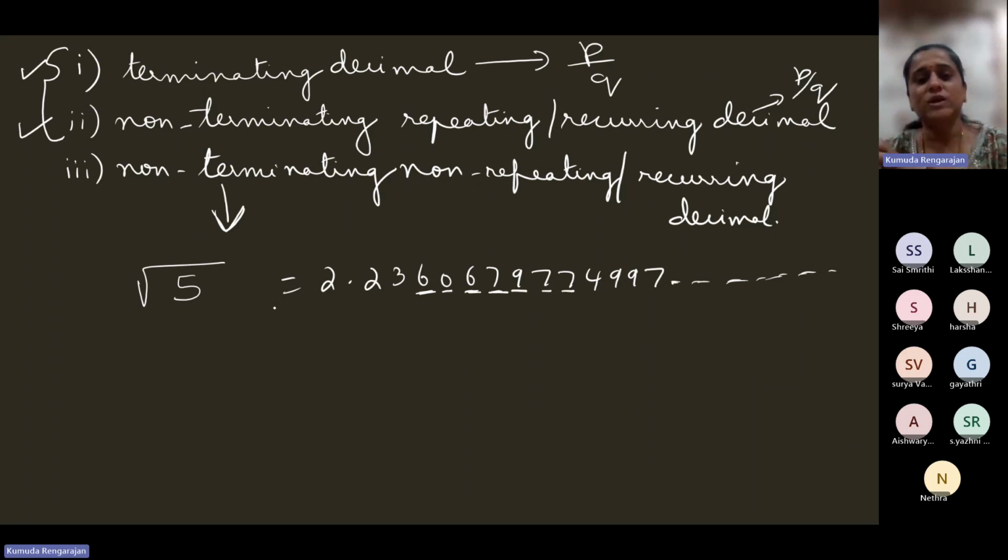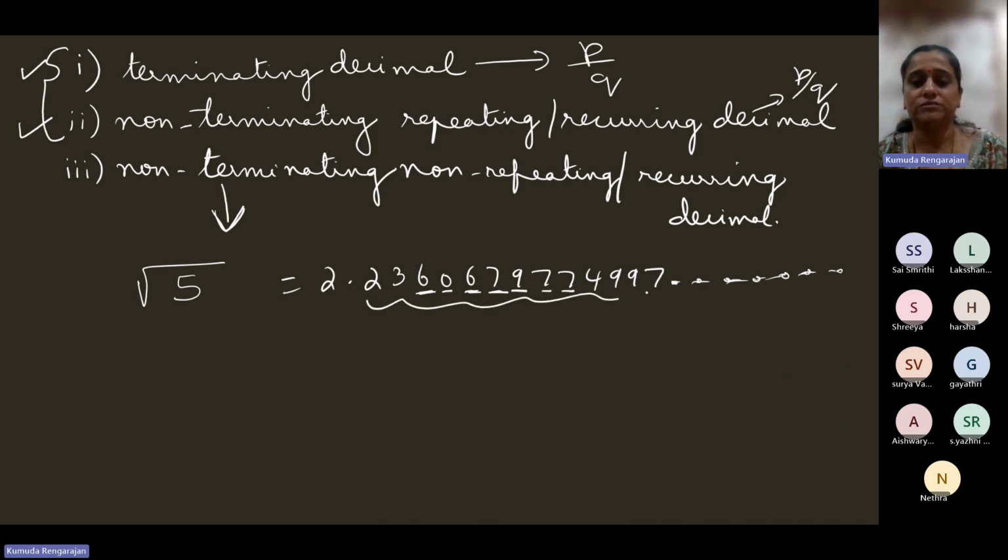The decimal part will be very vague. But the decimal value will keep going on and on. It doesn't end. That's why non-terminating and non-repeating, because no digit or a set of digits repeat themselves in the decimal portion.